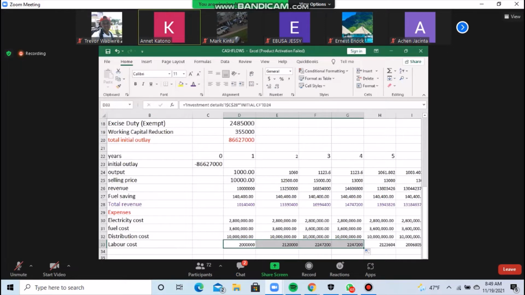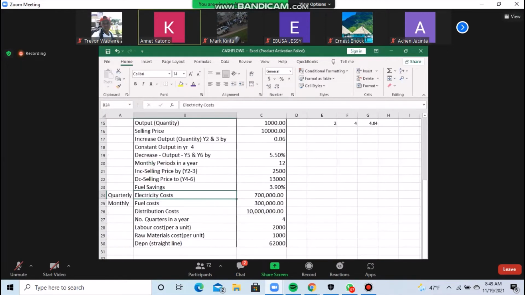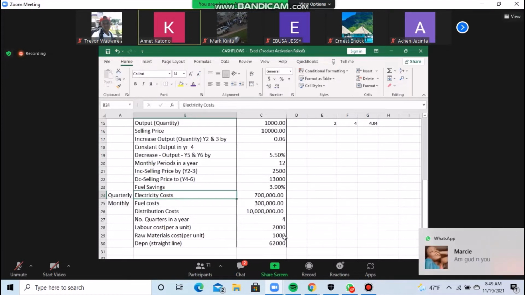Okay, let us continue. They are telling us that we have raw material costs. Of course, now this is the amount they are selling the material at, the amount you're buying your material at, and they're telling us that per unit it is 1,000.